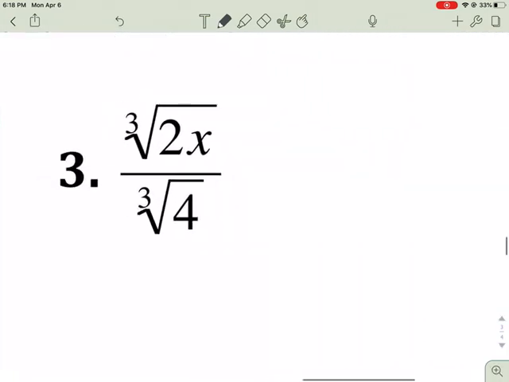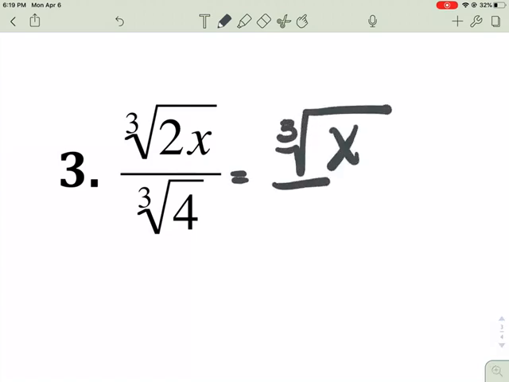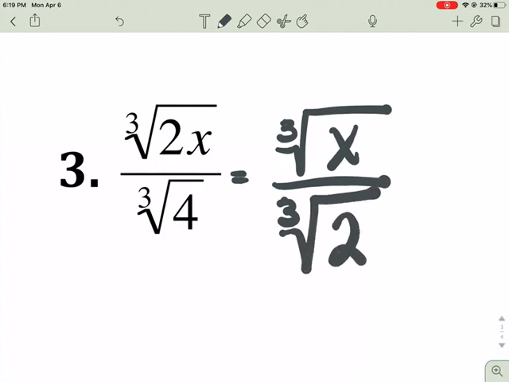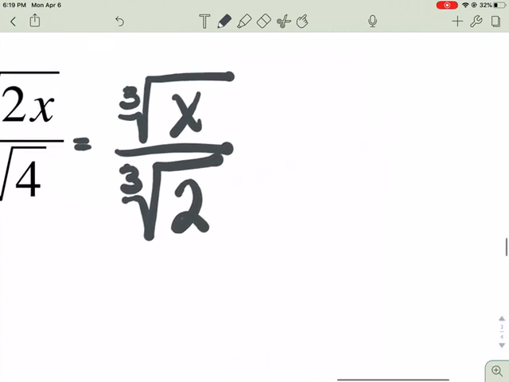All right, let's try this one. Now again, we're going to try and make our lives easier here by simplifying. So if you look, they're both cube roots, and I have a 2 in the numerator and a 4 in the denominator. So let's simplify this and reduce that 2 over 4 to 1/2, or just the cube root of 2 on the bottom. Now I'm going to take a look at this and say, hey, what do I need to multiply 2 by to become a perfect root?